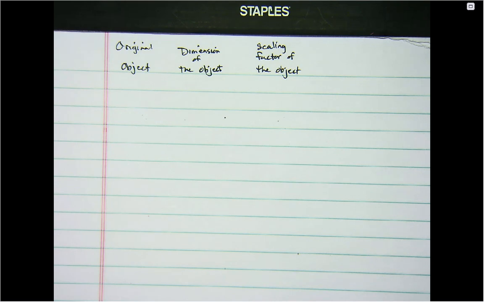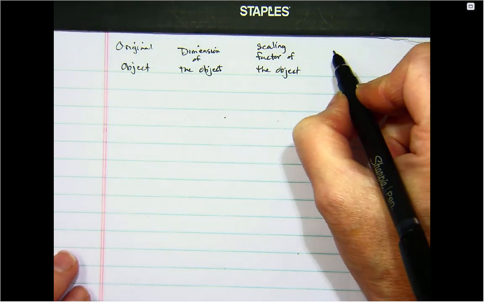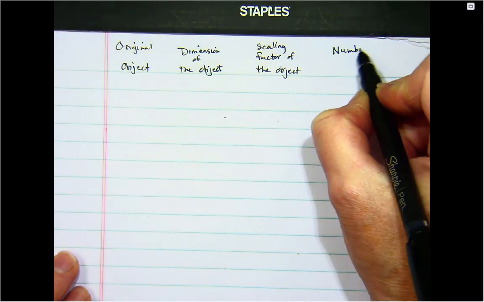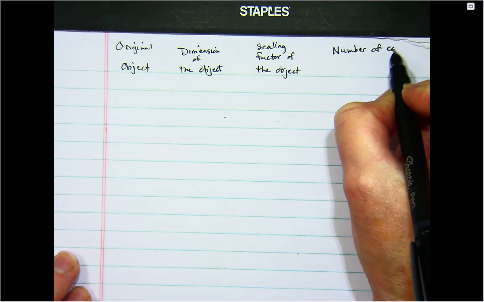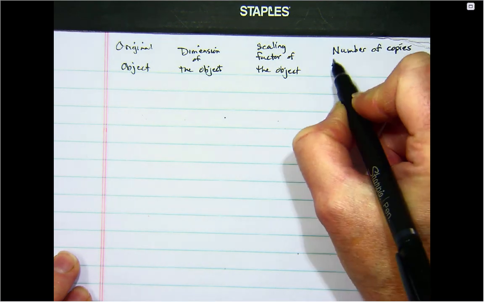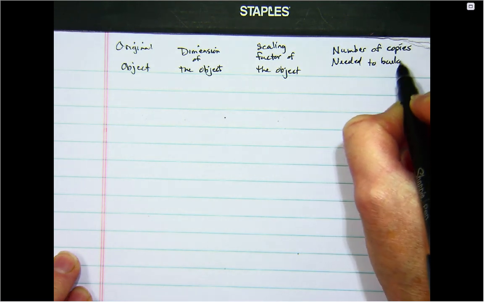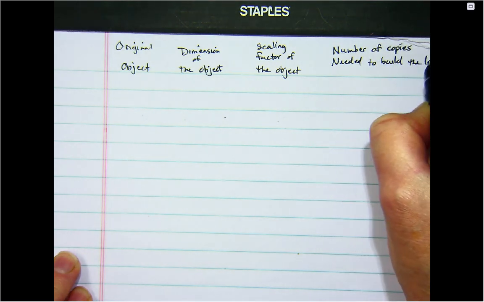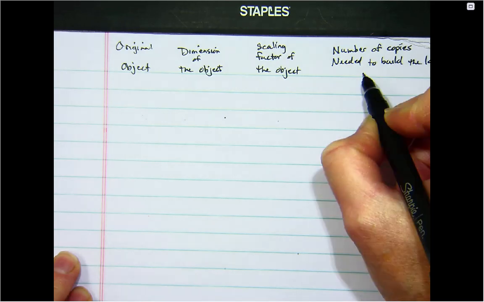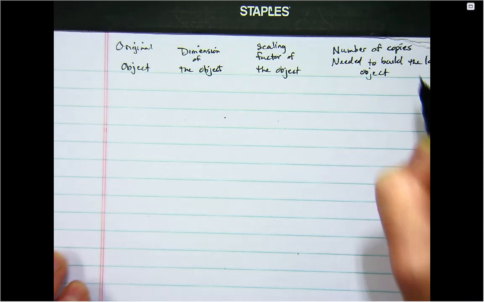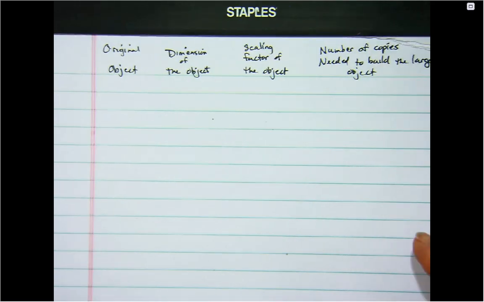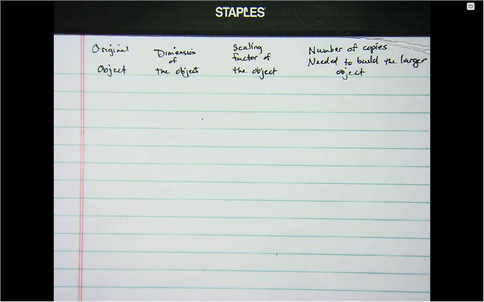And then the number of copies needed to build a larger object.